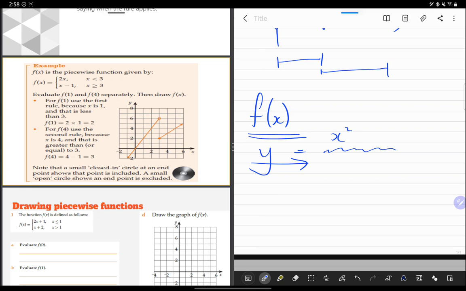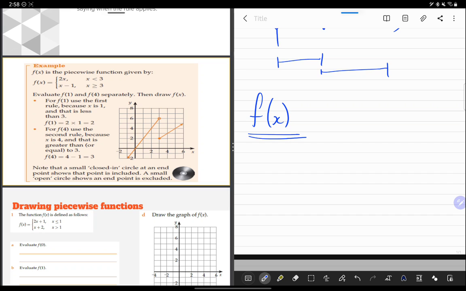Maybe there's x squared in there, maybe there's 2 to the power of x in there somewhere, whatever it is. We know y is in terms of x. So this f, the function, you can understand to be similar to the y that we've been using.